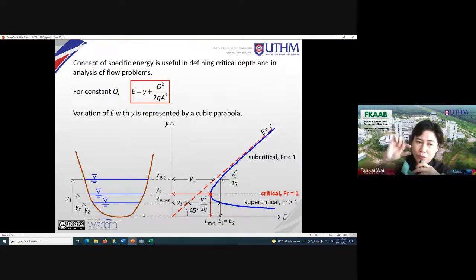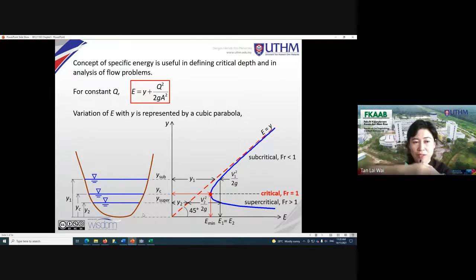You expect the depth of flow to be thin, because it's fast flowing, given a constant Q. Similarly, if the velocity is low, that means it's in a subcritical state. The depth of flow you'll expect to be thicker than the supercritical one because it's slow flowing.